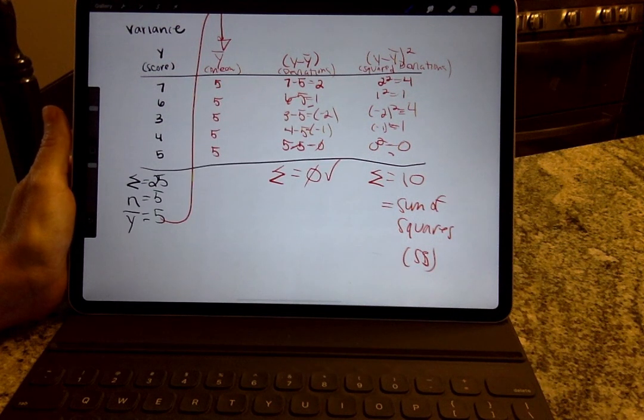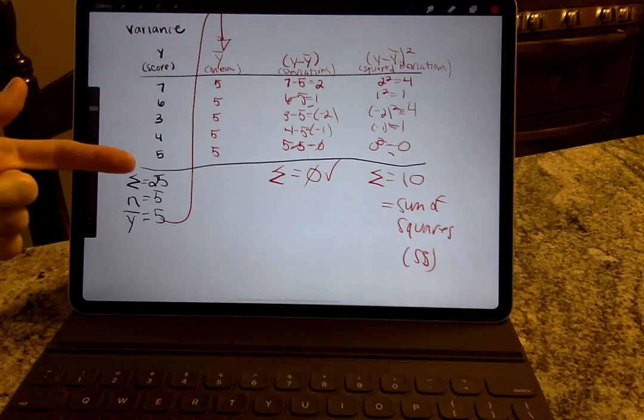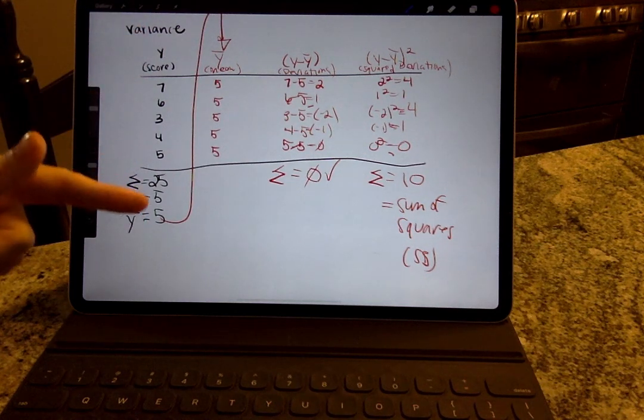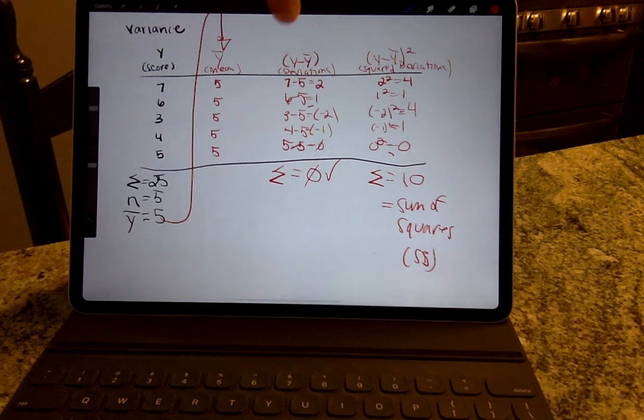So essentially, the first step in calculating variance the long way is to populate this table. Once you have your scores, you calculate the mean and transfer the mean into this column. For each row, you take the score and subtract the respective mean, so 7 minus 5, 6 minus 5, and so on.